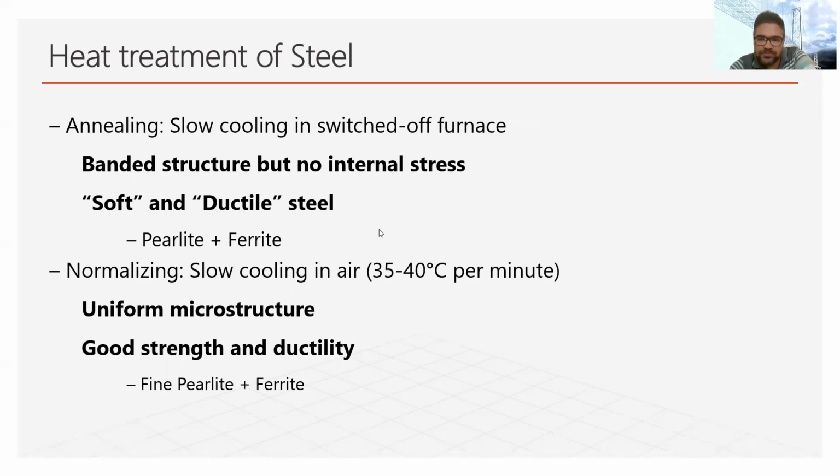The process gives finer grain structures and finer lamination in the pearlite. Normalizing is basically cheaper than annealing, because less energy is consumed in this case. So that is why this normalizing process is cheap.